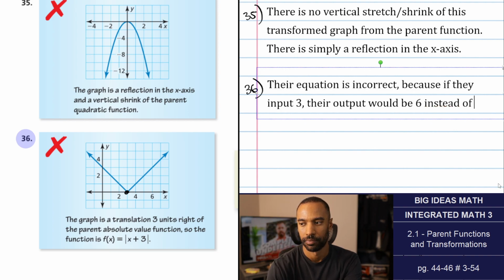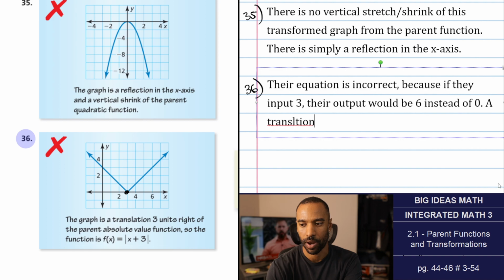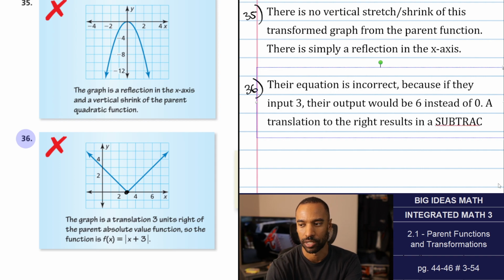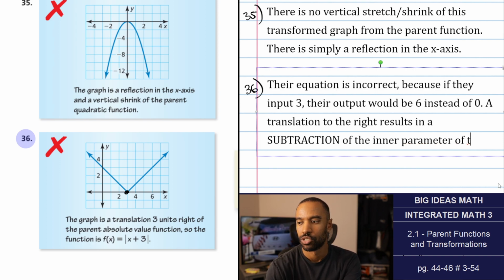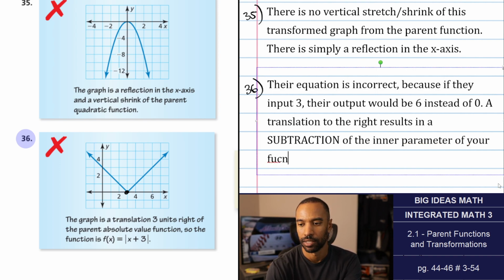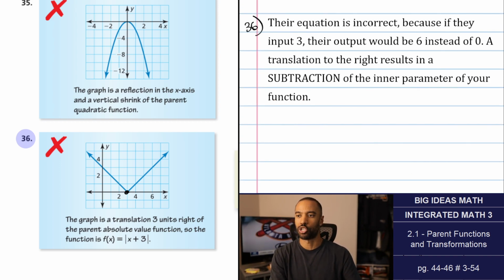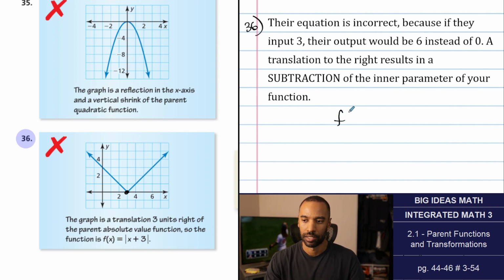Instead of 0. A translation to the right results in a subtraction of the inner parameter of your function. So it should be, instead, and I'm not going to type it, I'm going to write it. Instead, it should be f of x equals absolute value of x minus 3.